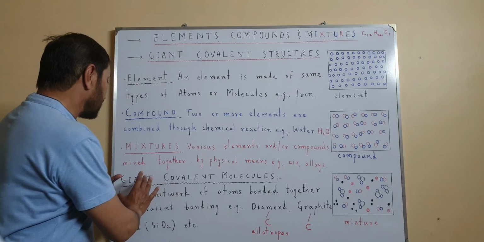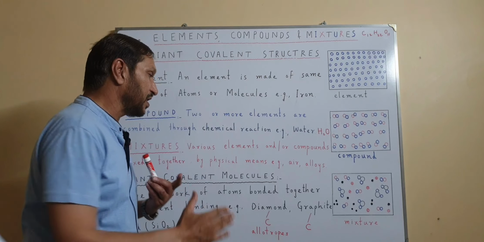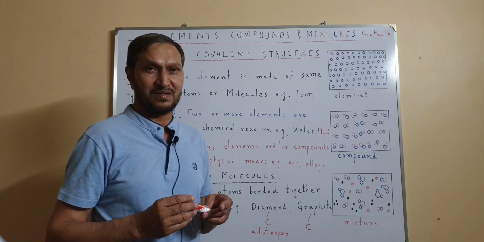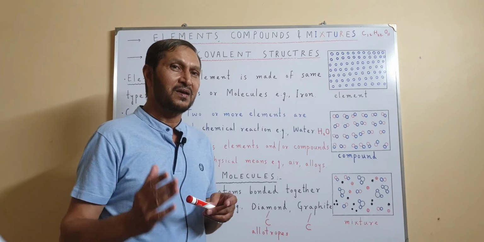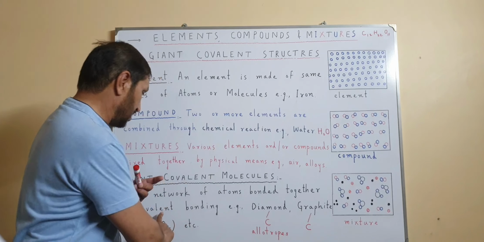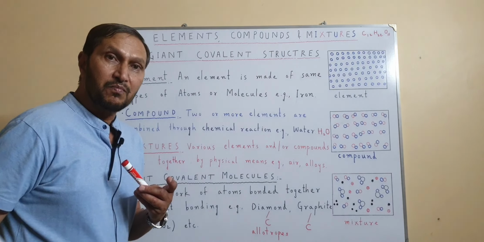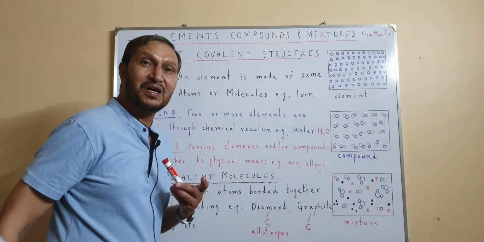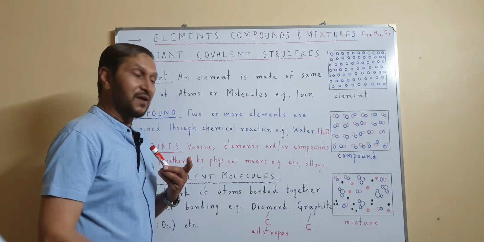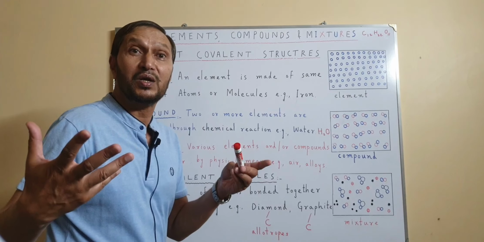So this is about giant covalent molecules. Another feature of giant covalent molecules is that, although they are covalently bonded, because of the large network of atoms, sometimes millions of atoms joined together, they are very stable and have very high melting and boiling points.